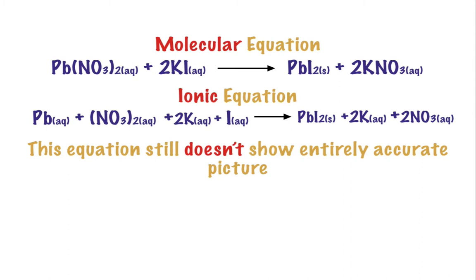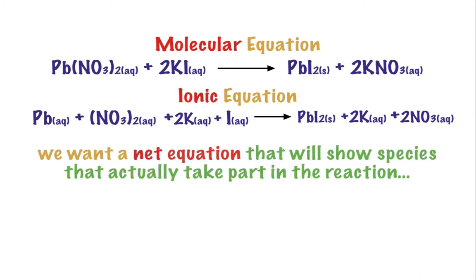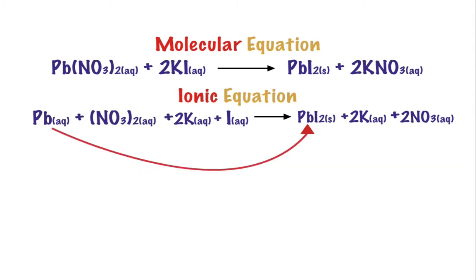Let's discuss further now. This equation still doesn't show an entirely accurate picture of what's happening. So we want a net equation that will show the species that actually take part in the reaction. For example, I have here lead, and I'll notice that lead is in an aqueous state.